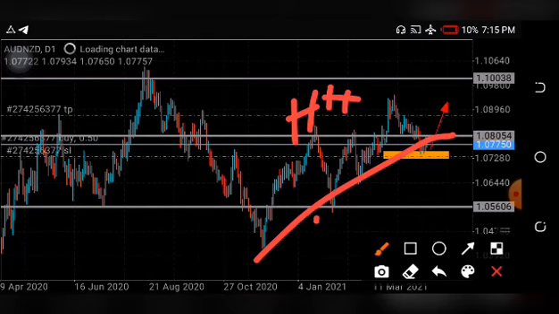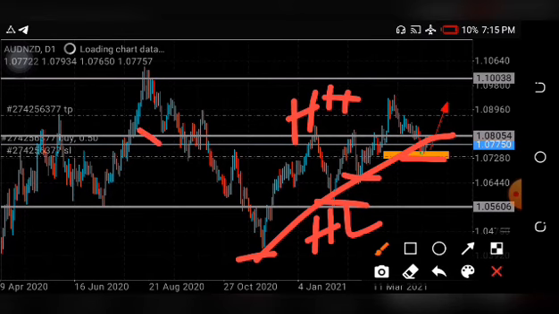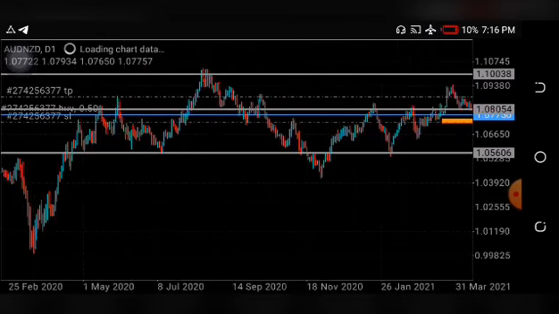When we say higher low, this low is higher than this, so it's a higher low. Higher low, higher low. For downtrend, lower low, lower high. So this is a little downtrend, uptrend. But in the big chart, it's all ranging.